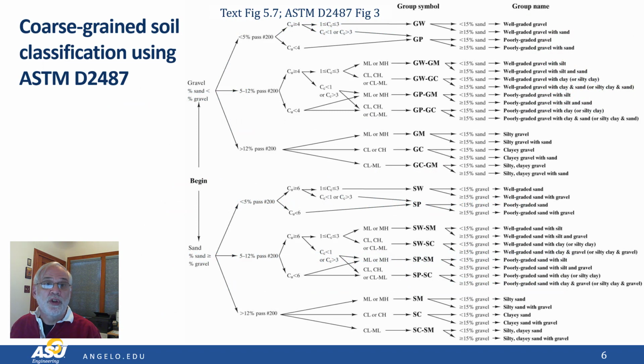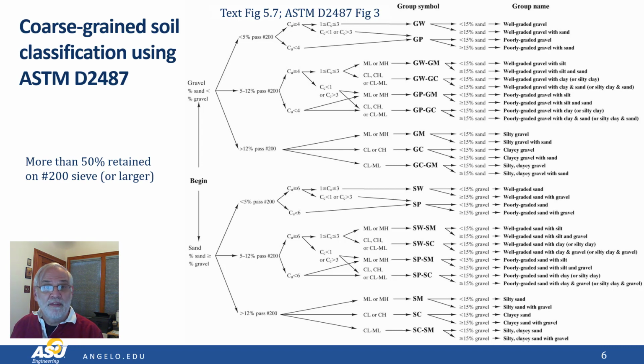We will use this flowchart to classify coarse grain soils. This is figure 5.7 in your text, or figure 3 from ASTM Standard D2487. Remember, to start using this flowchart, we must have already determined that the soil is either a sand or a gravel.